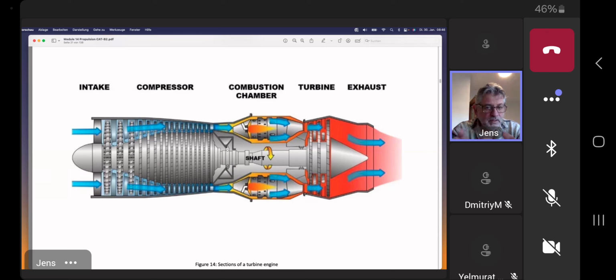Since we talked about compressors already and turbines, our rotating parts, when we talk about turbines, maybe you do a test after an engine has been installed on the aircraft, maybe the maximum power assurance, and you find something during your borescope inspection.